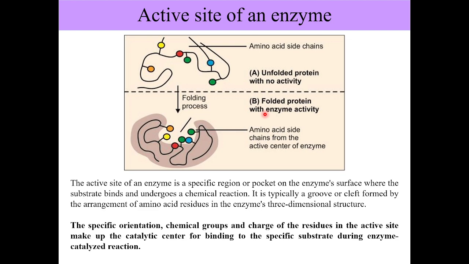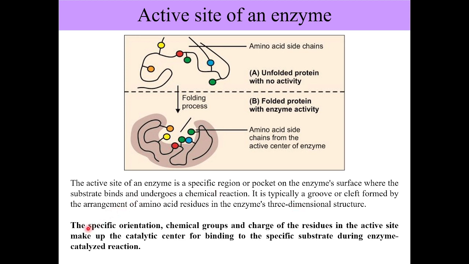So see here, the active site of an enzyme is a specific region or pocket on the enzyme surface where the substrate binds and undergoes a chemical reaction. It is typically a groove. If you look here, this is like a hollow space inside, right? So this is like a groove or a cleft where the substrate binds and undergoes a chemical reaction. It is formed by the arrangement of amino acids in the enzyme's three-dimensional structure.